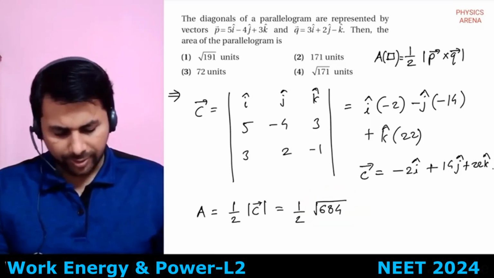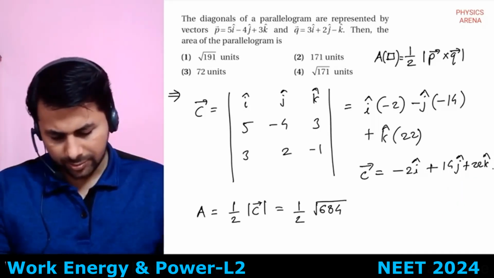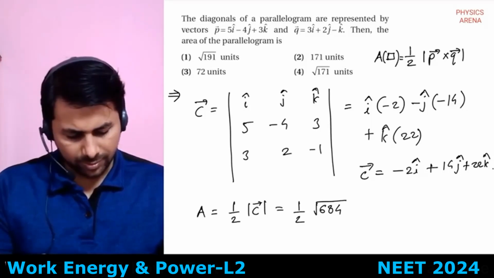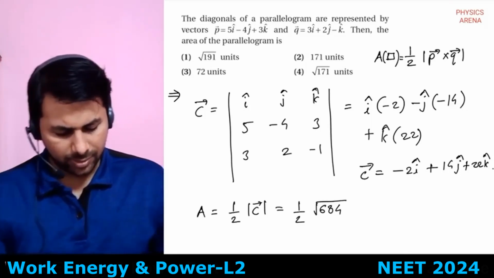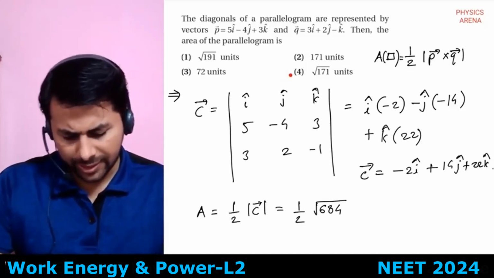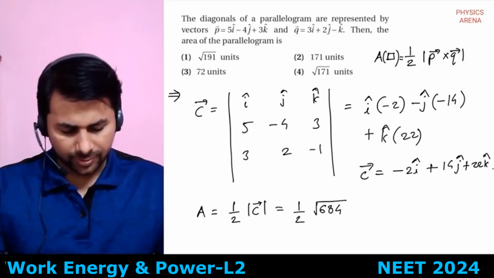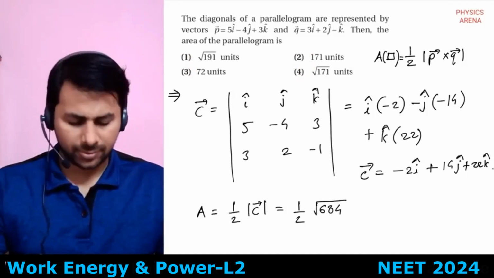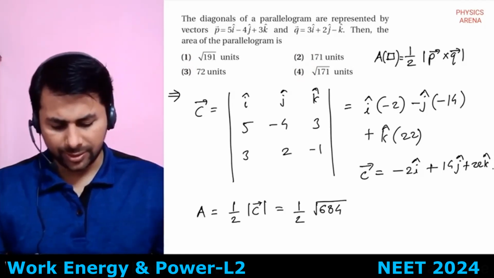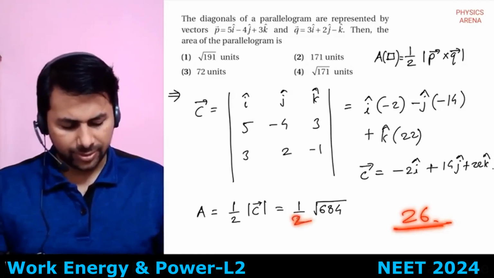So how much is this square root of 684? It will be very small, right? So there is a mistake in this one also. Yeah, so 26 point something, so 26 divided by 2 is 13.